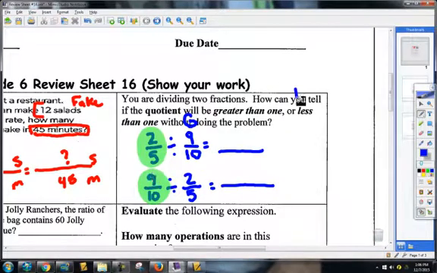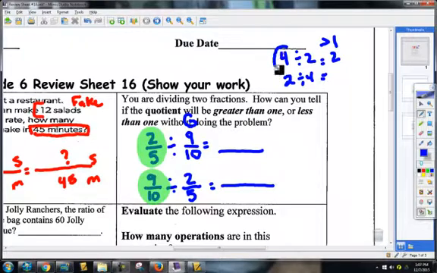One thing I like to do on this is, even though I know it says fractions there, just think about it like this. Think about doing 4 divided by 2 or 2 divided by 4. One of these is going to be greater than 1. One of them is going to be less than 1. If I think about 4 divided by 2, that gives me 2. That's going to be greater than 1, obviously.